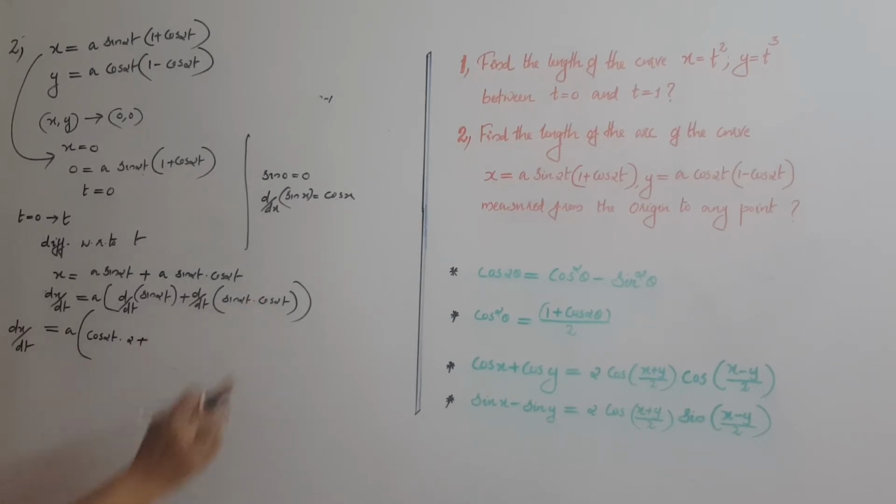sin 2t into cos 2t, that is derivative of a function into another function.